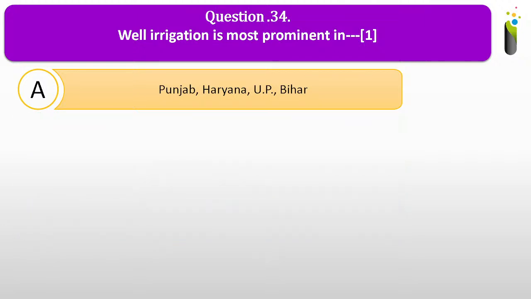And the correct answer for question number 34 is A. Punjab, Haryana, UP and Bihar are the places where most prominent well irrigation is found.